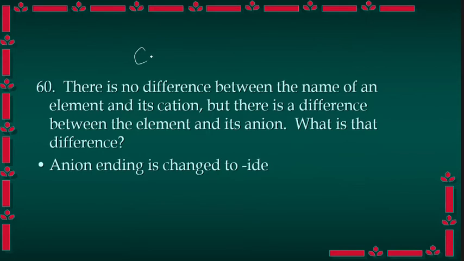So normally a name is made up of a cation and an anion. Traditionally, husband, wife, and traditionally, who got their name changed? The wife. So it's always the last, the negative ion, that gets the name changed to IDE.